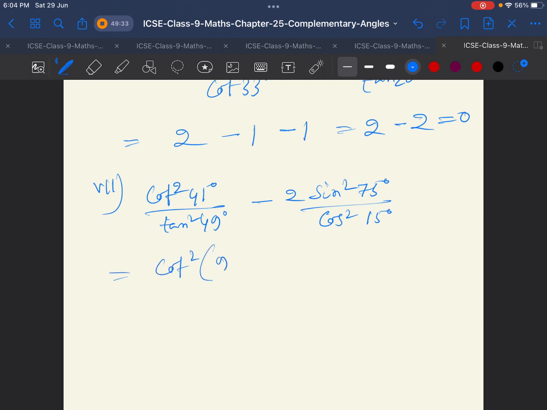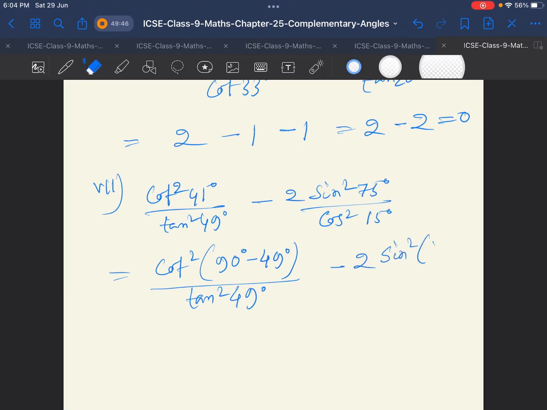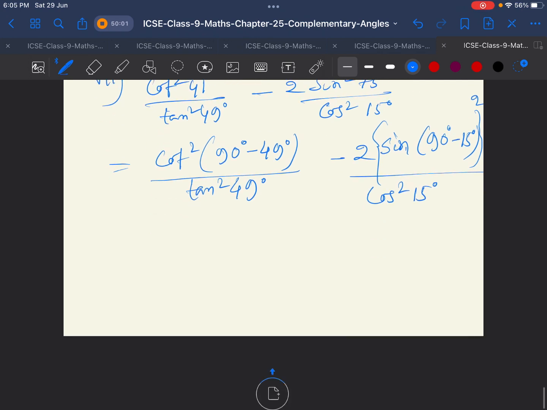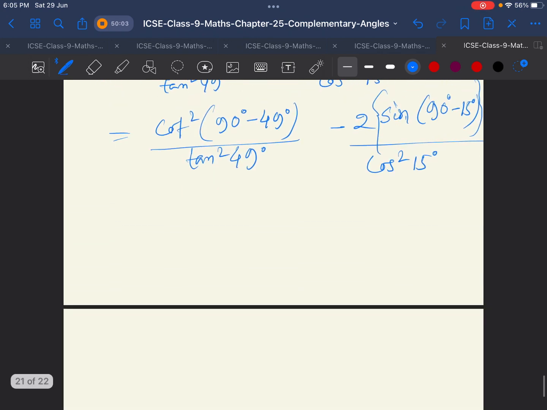Okay, so we can write cot square (90 minus 49) degree by tan square 49 degree minus 2 sin square (90 minus 15), this square term, by cos square 15 degree.